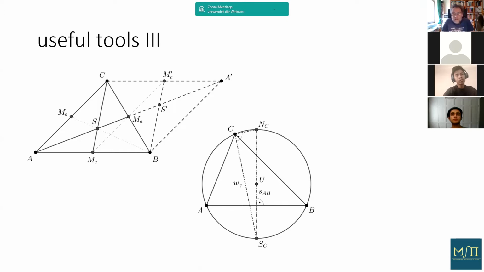If you have a look at the triangle ABC in this last drawing, it's fairly obvious that the inner angle bisector of the triangle ABC in C will intersect the bisector of the chord AB in a point that is called SC here, and that lies on the circumcircle of the triangle ABC.